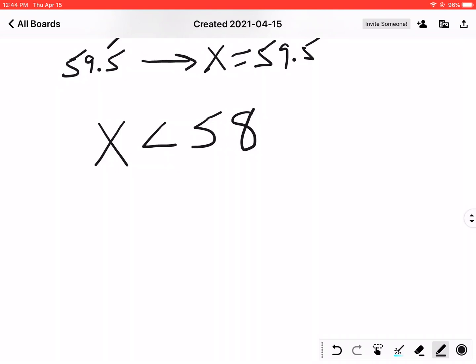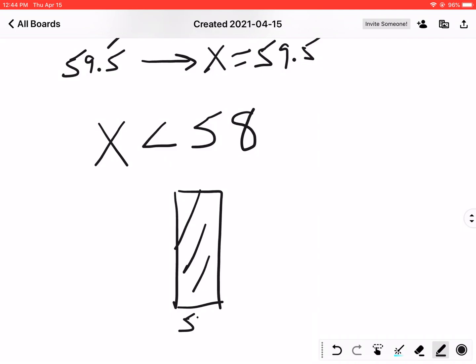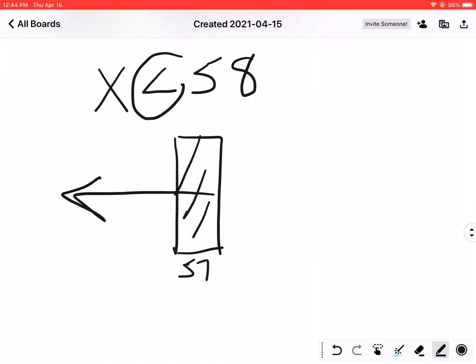We're talking about discrete data, so fewer than 58 successes is 57 or less, which means the first bar, so to speak, representing a success is the bar representing 57. And it's less than, so we're going this way. The right-hand side of this bar is at 57.5.